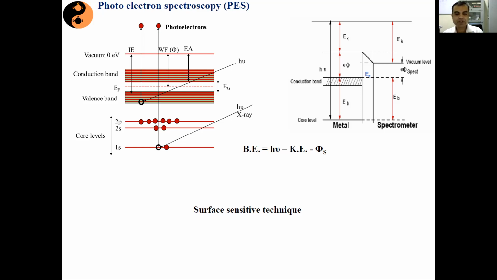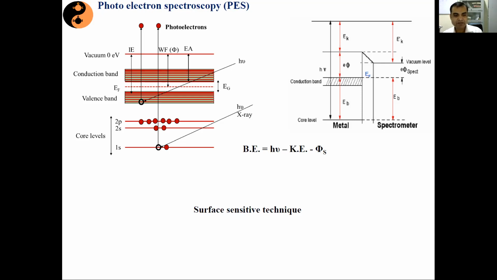Therefore, we use X-ray sources to eject core level electrons and then probe the kinetic energy of the emitted photoelectron. After mapping that kinetic energy, we can identify the element present in this system. That technique is called X-ray photoelectron spectroscopy.